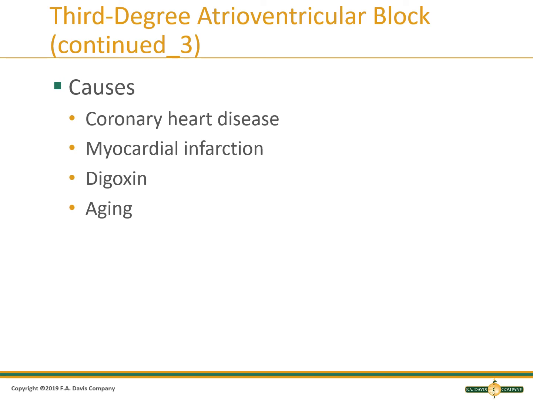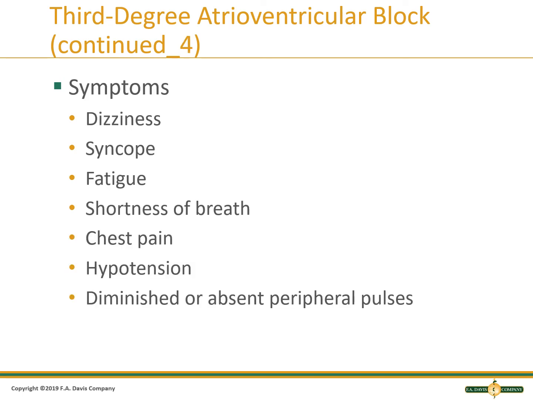Cardiac ischemia or infarction, hyperkalemia, infection, antiarrhythmic medications, or digoxin toxicity are some common causes of complete heart block. With narrow QRS complex rhythms, junctional or AV node, fewer symptoms such as dizziness, chest pain, and fatigue are experienced.